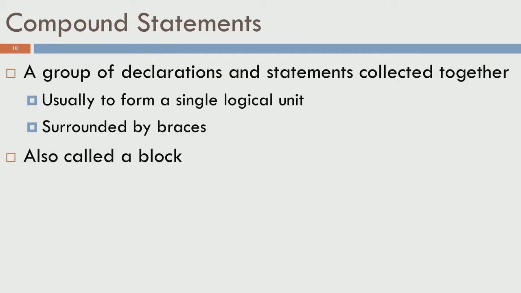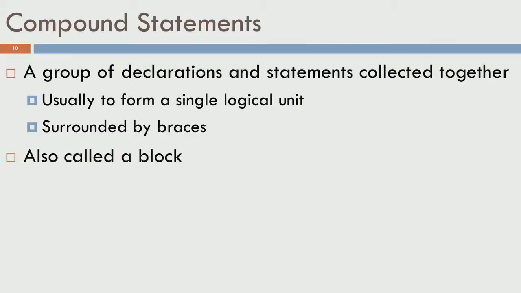So, the other category is what is called compound statements. A compound statement is a group of declarations and statements collected together. So, a compound statement contains one or more simple statements, and it may also have declarations on their own. So, for example, a single simple statement is also a compound statement because a compound statement contains one or more simple statements.